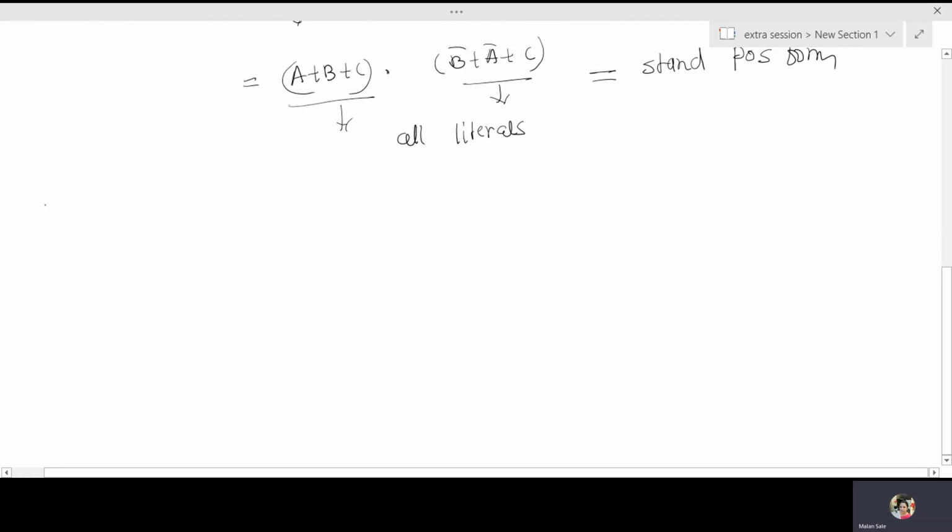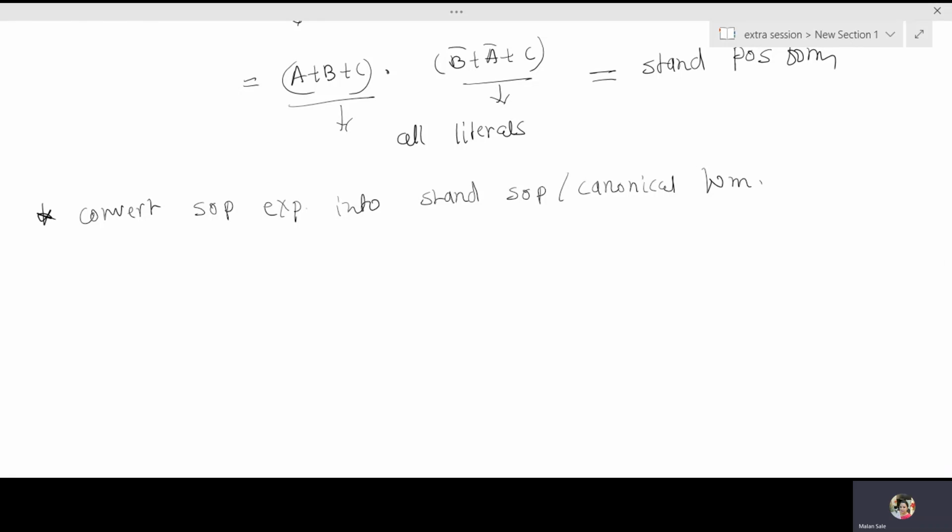Now let's see how to convert the SOP expressions into the standard SOP or the canonical form. To convert the SOP expressions into the standard form, we are going to perform certain steps.